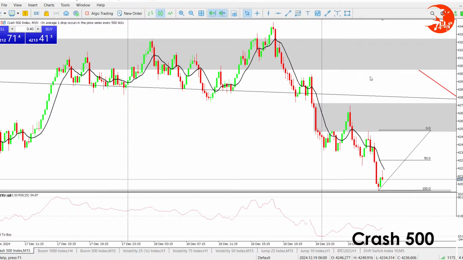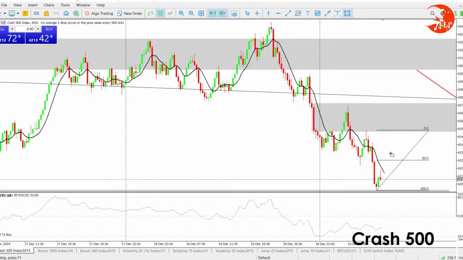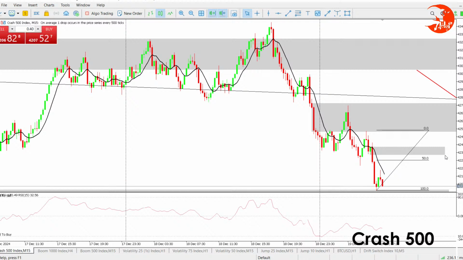For instance, this would be the zone that I'll be looking at to make my entries, the premium zone right there.